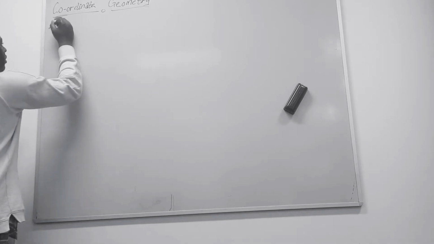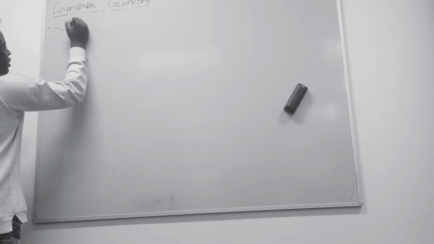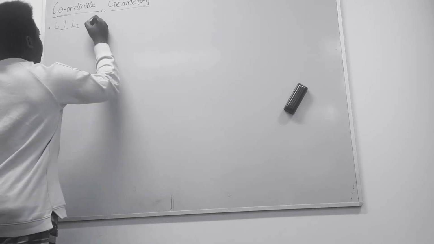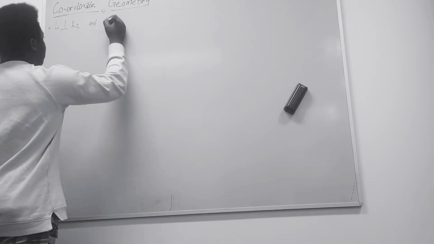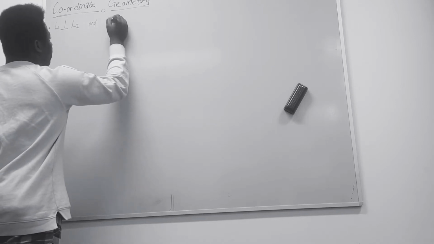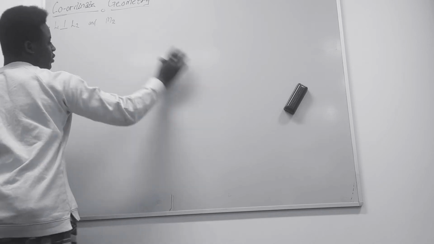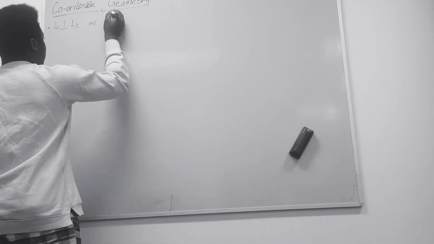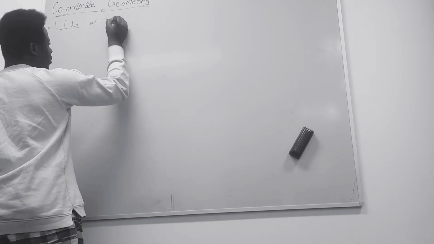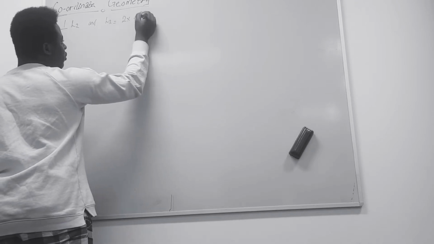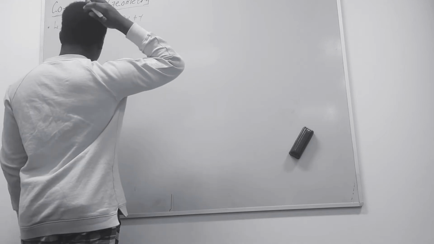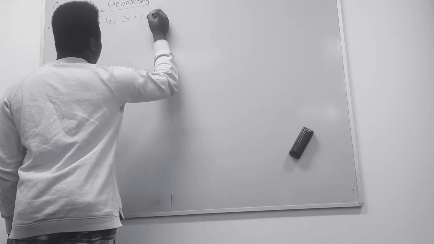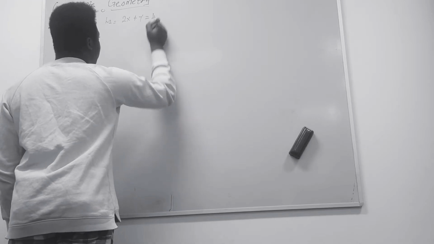If two lines, L1 is perpendicular to L2, and the equation of the line L2 is, let's say, 2x plus y equal 4.